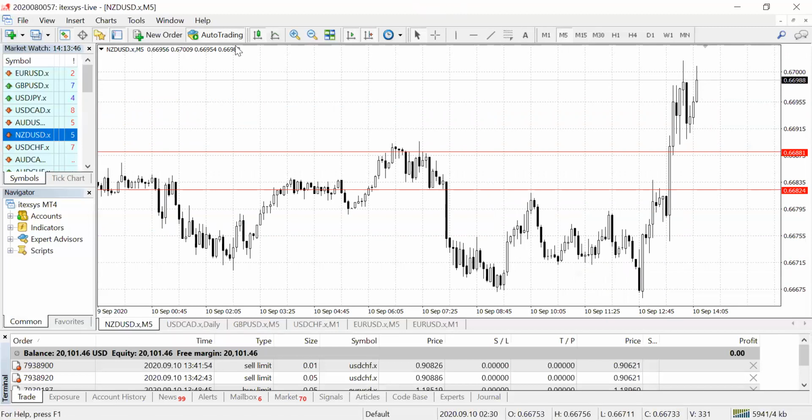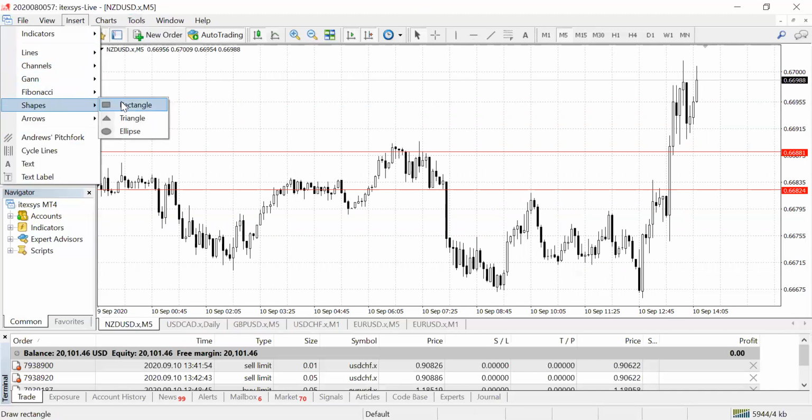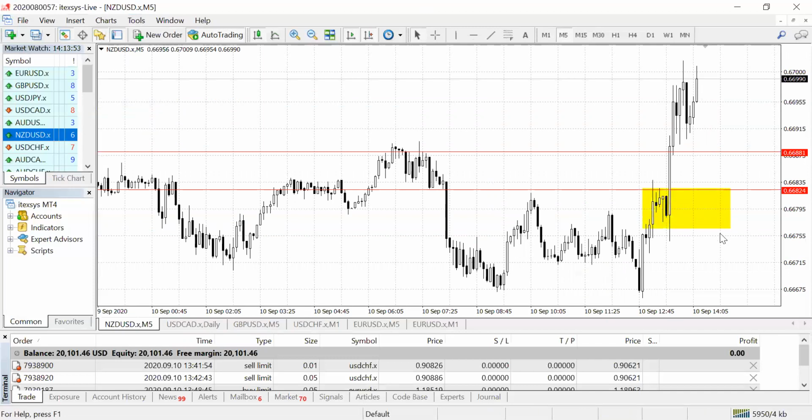This is a demand area, and if price comes back here, we could try to buy this area, or the support, which is right here. This area right here is support. This area right here is demand. So you could try to buy those areas right there.